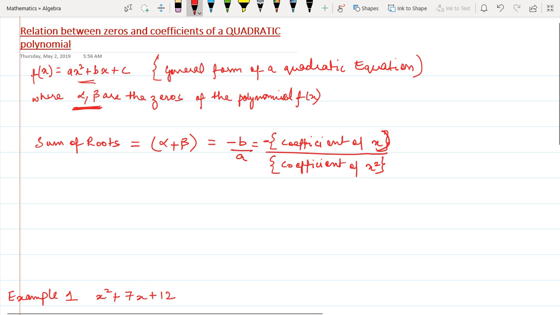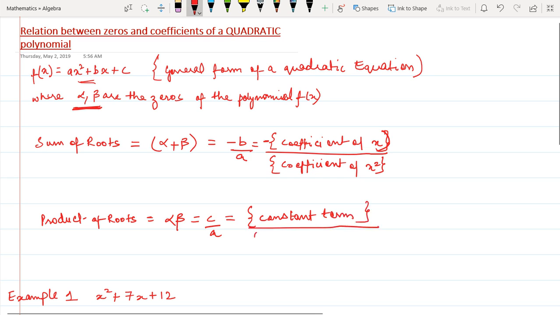Okay, the sum of the roots and the product of the roots, alpha multiplied by beta, is always equal to c by a, that is, the constant term divided by the coefficient of x squared.